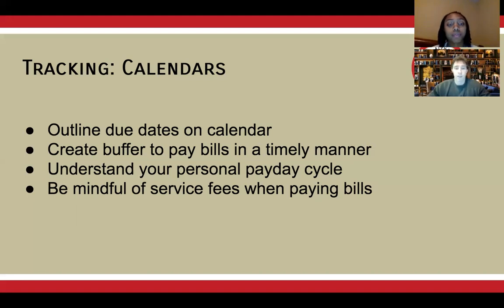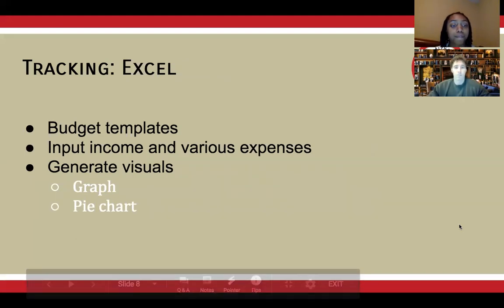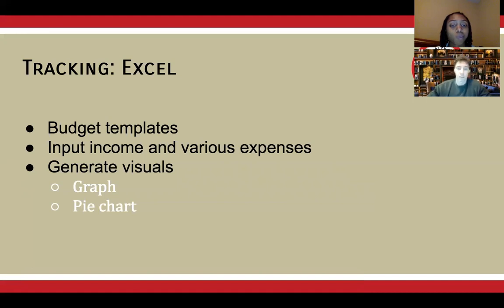And then the next one is tracking through Excel. A lot of people like using Excel for budgeting. Excel has budget templates for this reason. You can set up cells and formulas, so each month you can add and subtract.